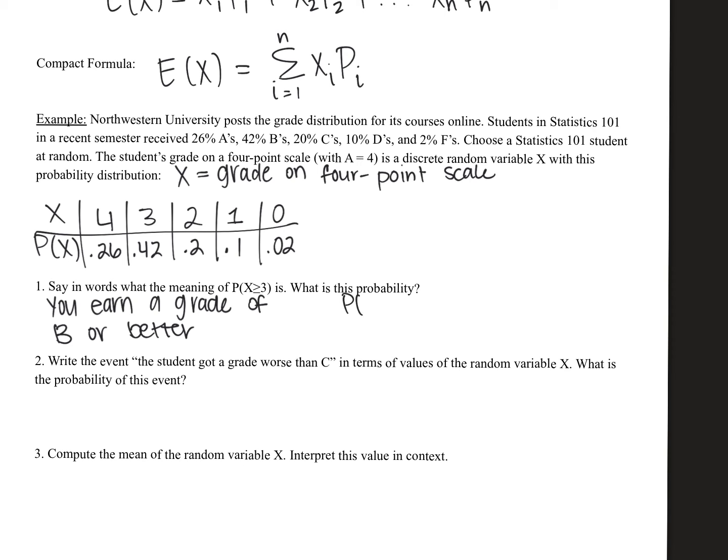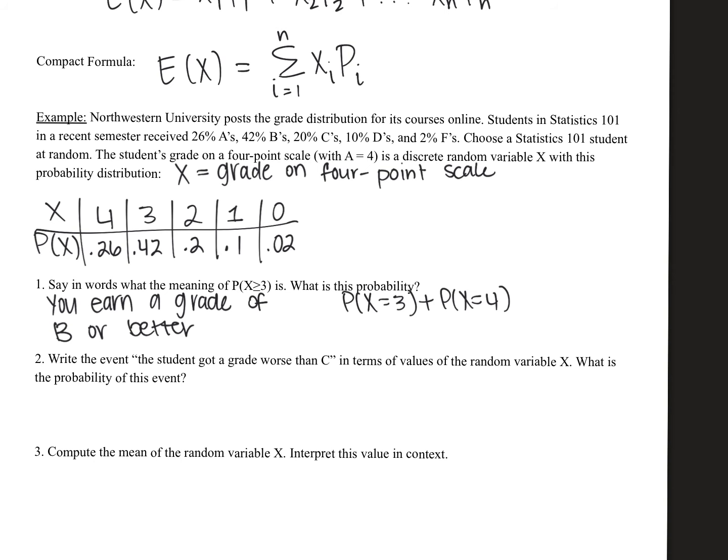We're going to say the probability you get a B plus the probability you get an A, so X equals 3 plus X equals 4. The probability X equals 3 is 0.42 plus the probability X equals 4, 0.26, which is 0.68. So there is a 68% chance that you earn a grade of B or better.